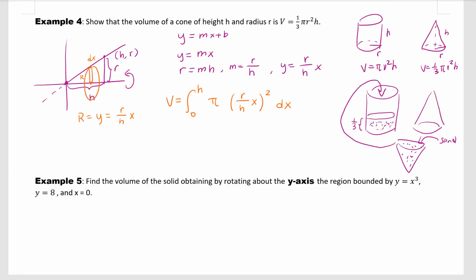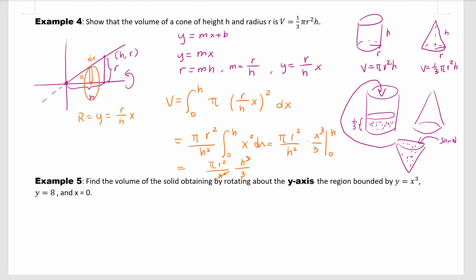We can pull out the pi. Furthermore, this is R squared, this is H squared, they're all constants. We can put them out, and then we have x squared dx. When we integrate, we get pi R squared over H squared, and x cubed over 3, evaluated from 0 to H. We plug in H, so we get pi R squared over H squared times H cubed over 3.